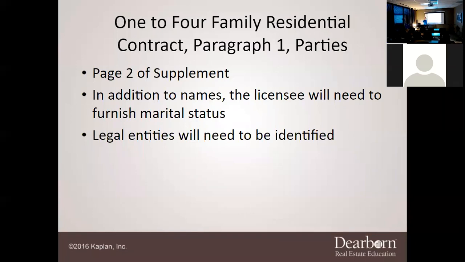That's all we put. But on the test, they will ask you, and the reason they talk about this and we spend time is because in certain states, you actually have to furnish the full marital status. Texas is not one of those. Okay? But on the test, they ask you, you have to state the full marital status.